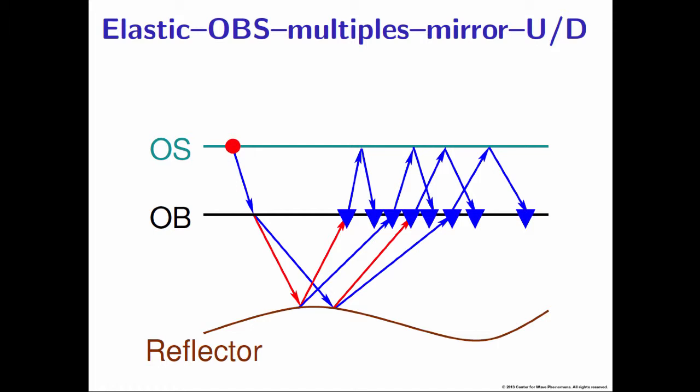This gives us a criterion to separate the OBS data into outgoing and downgoing waves. But the downgoing waves also contain other waves, for example higher order multiples that bounce between the ocean bottom and ocean surface more than once. But they are weaker than the first order multiples, so we ignore them here.